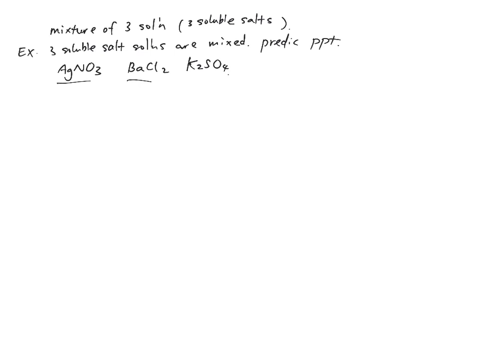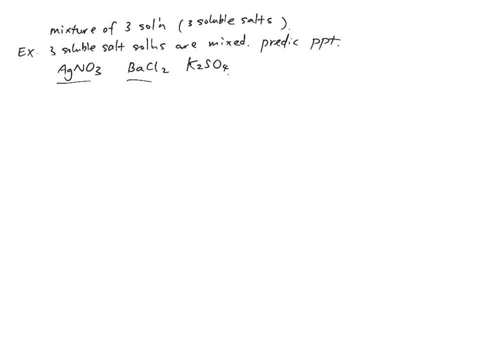But when you have more, the situation gets more complicated, because now each of your positive ions has two more negative ions to try instead of just one more negative ion. Now it does have a choice. It could run into any of the other two negative ions and possibly form a precipitate.